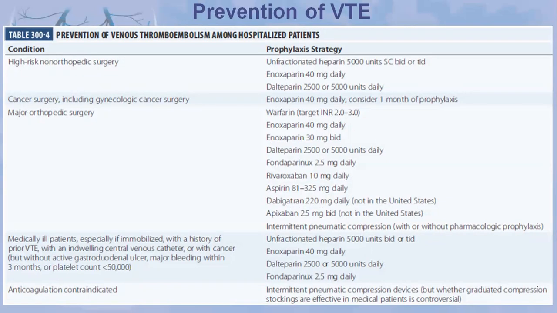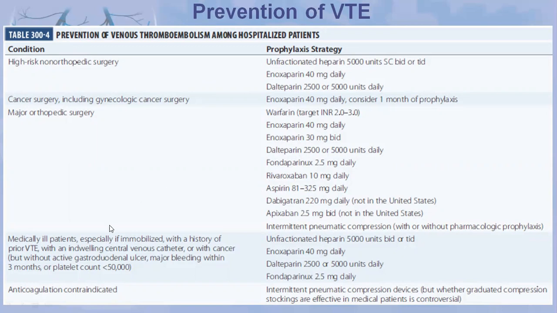Here's a table of prevention of VTE in the hospital setting among high-risk patients. For high-risk non-orthopedic surgery, you may give heparin, enoxaparin, and dalteparin. For cancer surgery, you may give enoxaparin. For major orthopedic surgery, you have many choices.